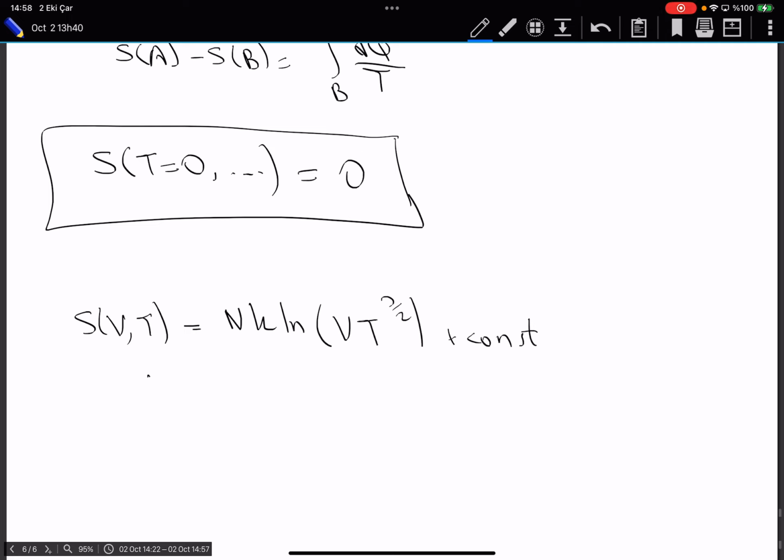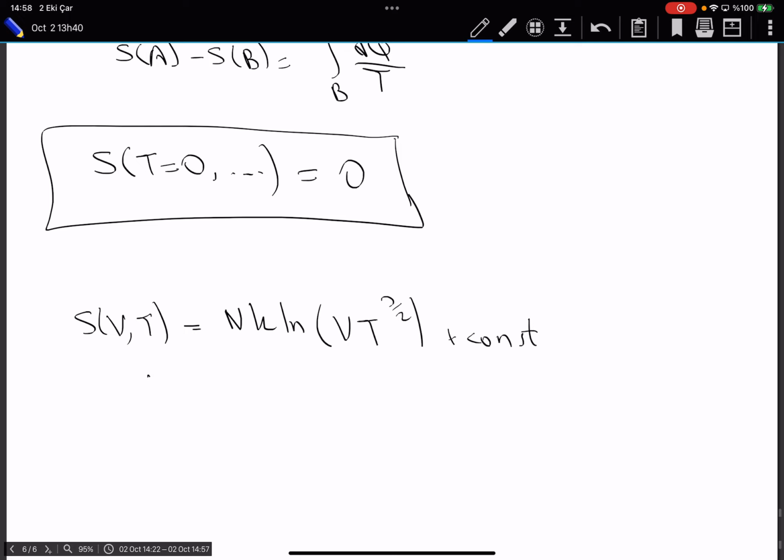So what is that constant if you use the third law of thermodynamics? Sorry, I don't understand. Yeah, you say what is the statement of the third law? That the entropy at 0 Kelvin is 0 for every system. Minus NK. What was ln 0? I don't remember it numerically. Infinite, minus infinite. Logarithm of 1 is 0.